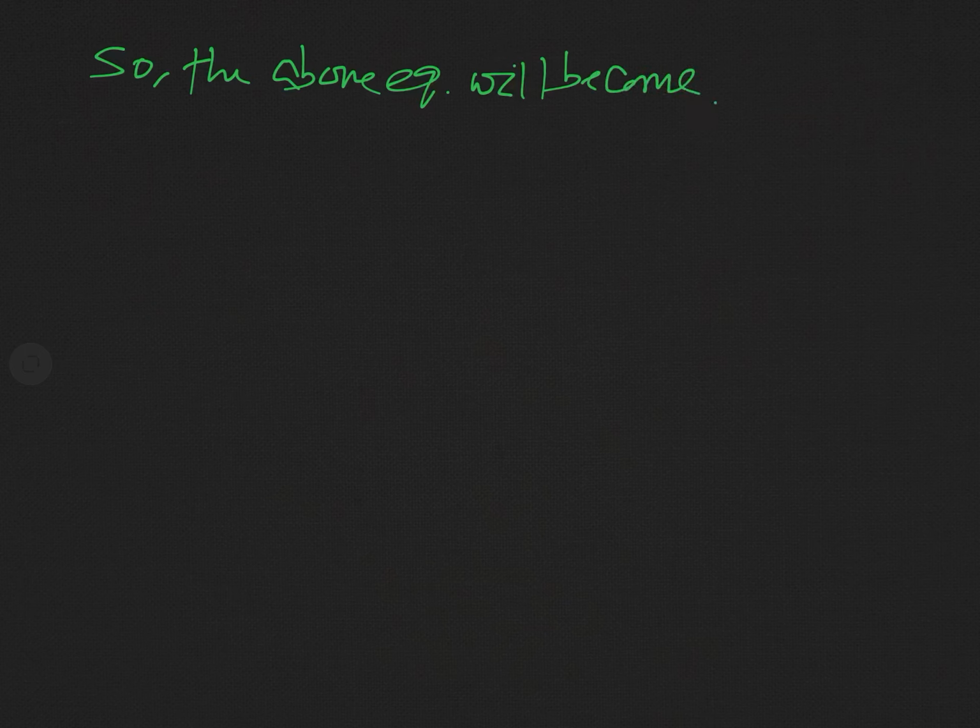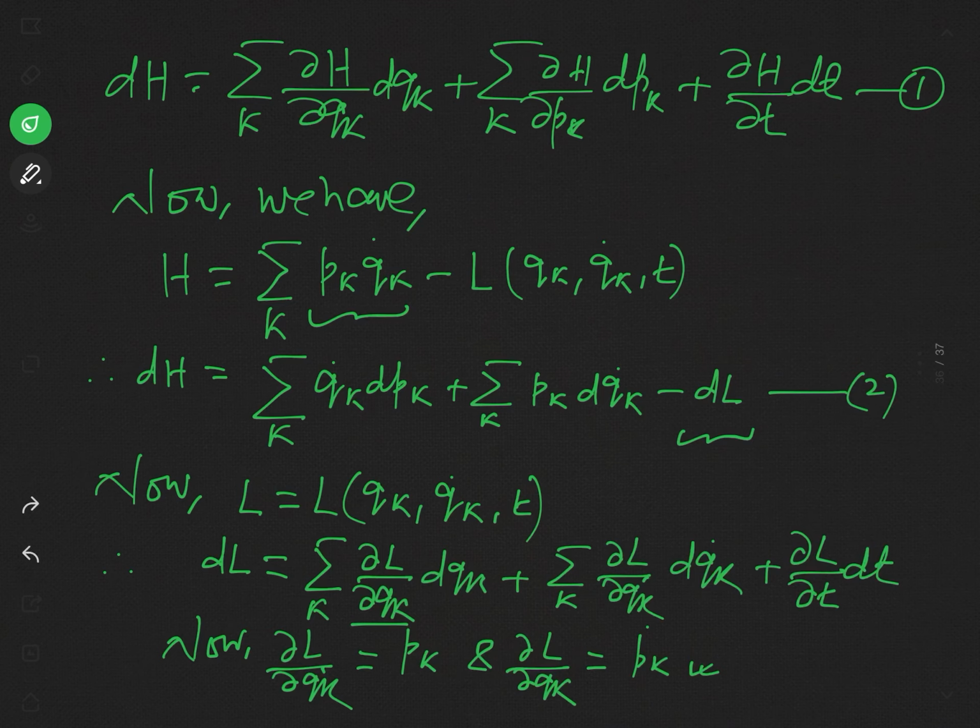So the above equation will become, summation over k, del L by del qk is pk dot, and del L by del qk dot is actually pk.